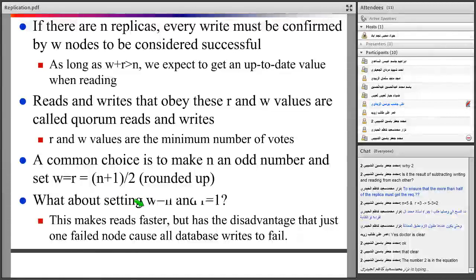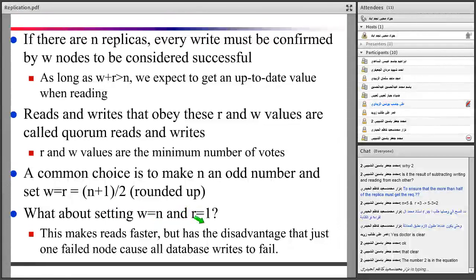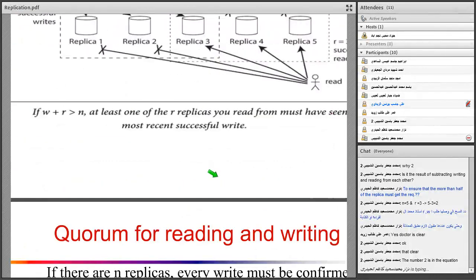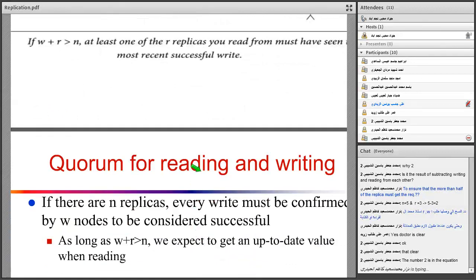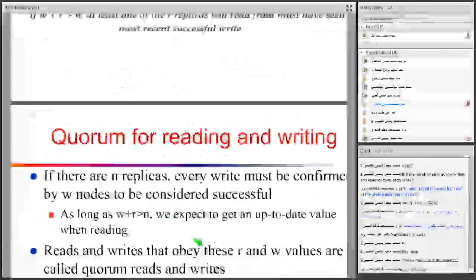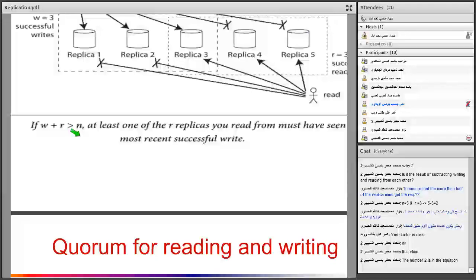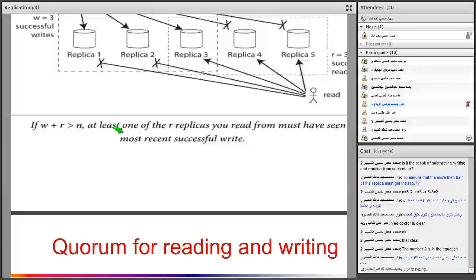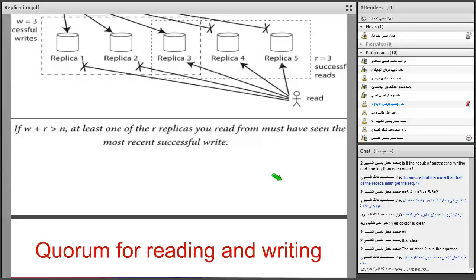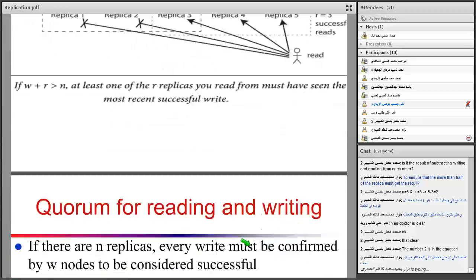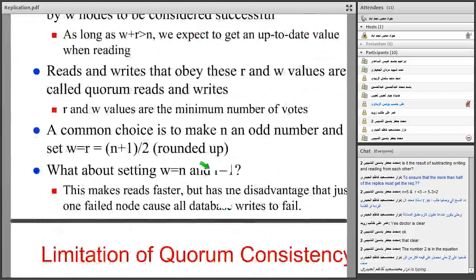We are going to set W n and r 1. We know W plus 1 is greater than n. Why? Because the W is n. So n plus 1 is greater than n, and we know in this situation at least one of the replicas must have seen the most recent successful write.